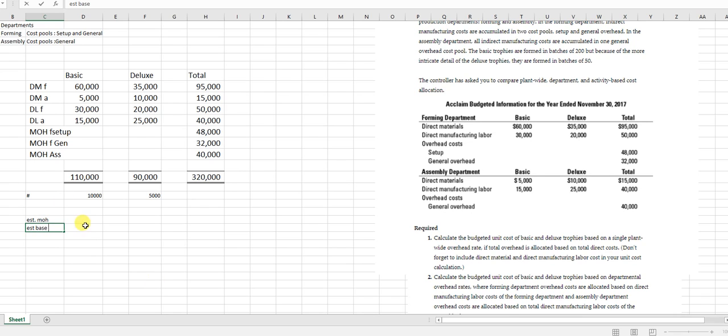I don't know what my base is yet, but I do know that my overhead is 48, 32, and 40. So I've got a total of $120,000 worth of overhead.